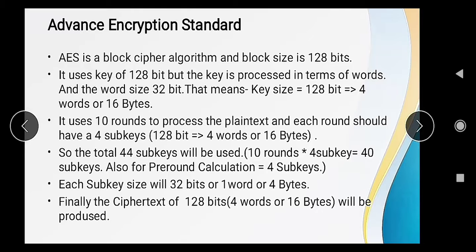Also we require 4 sub keys for the pre-round, which is a pre-addition round, so a total of 44 sub keys are used in this technique. The size of each sub key will be 32 bits, or 1 word, or 4 bytes. Finally we generate the ciphertext of 128 bits again. So this is the Advanced Encryption Standard.